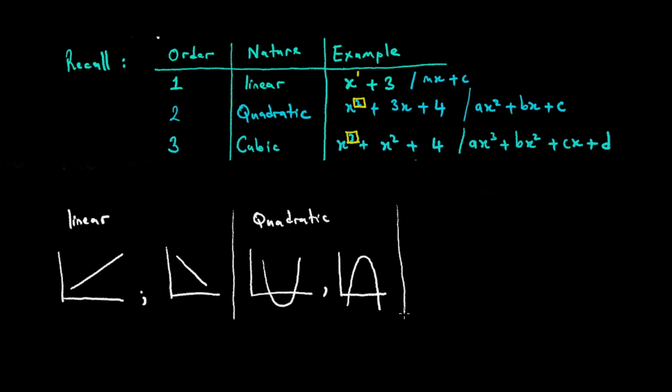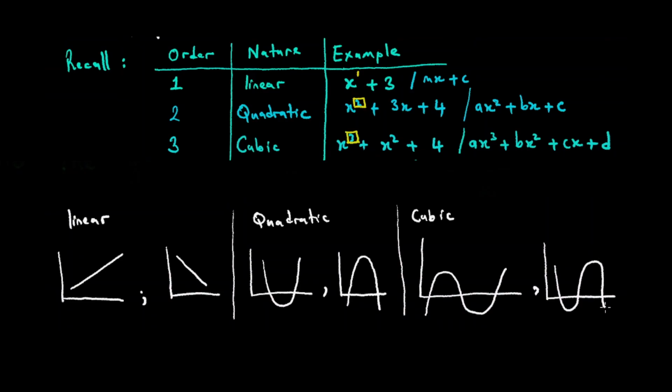If we go to a cubic, and we usually have cubic graphs when it comes to drawing the graphs of trigonometrical functions, we are talking about something like this, or it can be something like this. That's cubic.